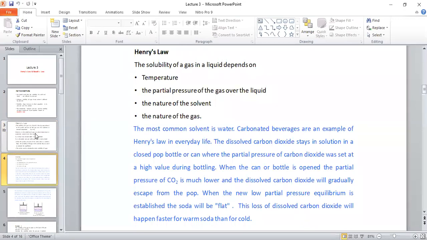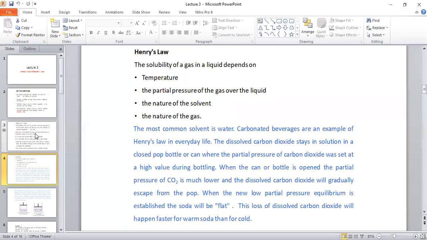Still under Henry's law, let us state again clearly that the solubility of a gas in a liquid depends on temperature, on the partial pressure of the gas over the liquid, on the nature of the solvent, and on the nature of the gas.